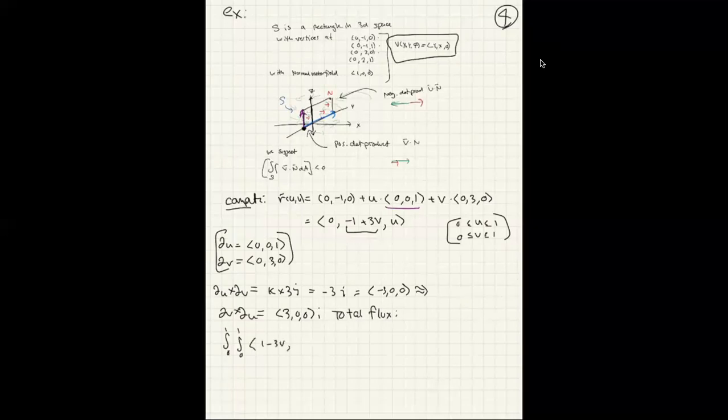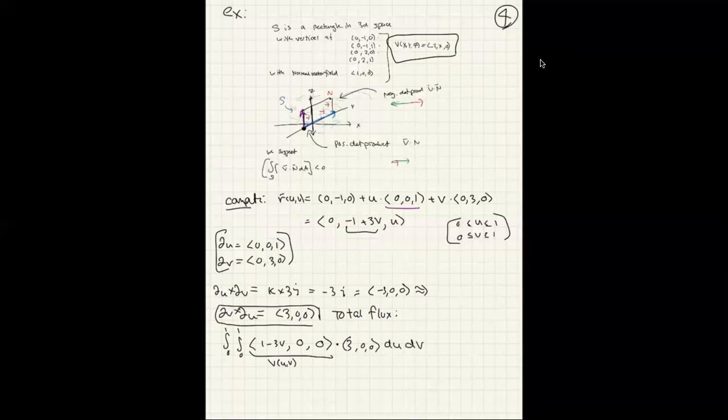Okay, x is 0 and then 0. So this was v of uv. I'm going to be dotting it with this thing right here, which is 3, 0, 0, and then du dv.